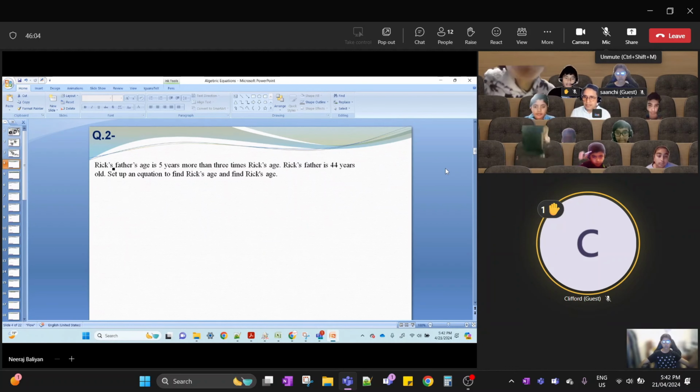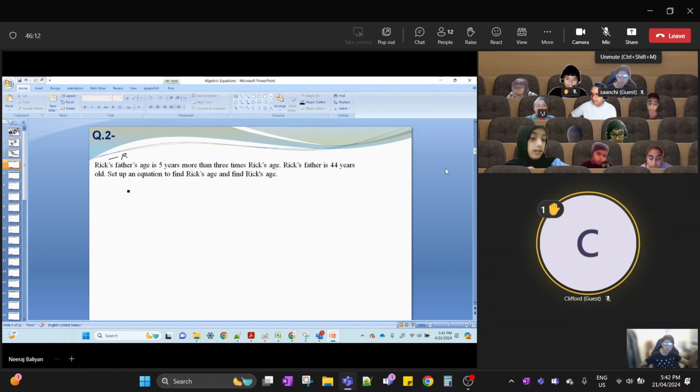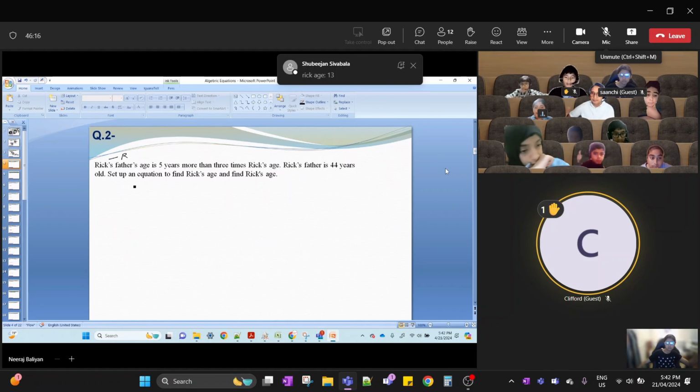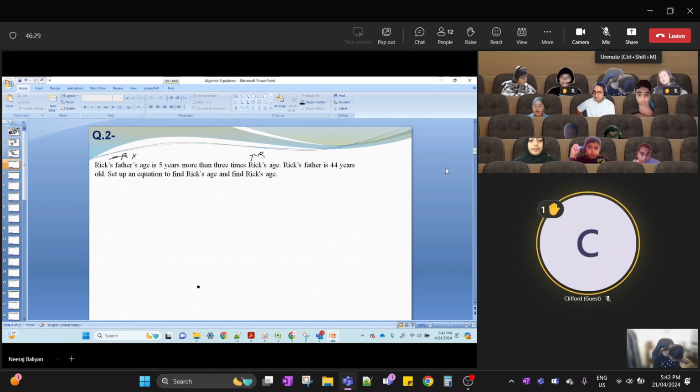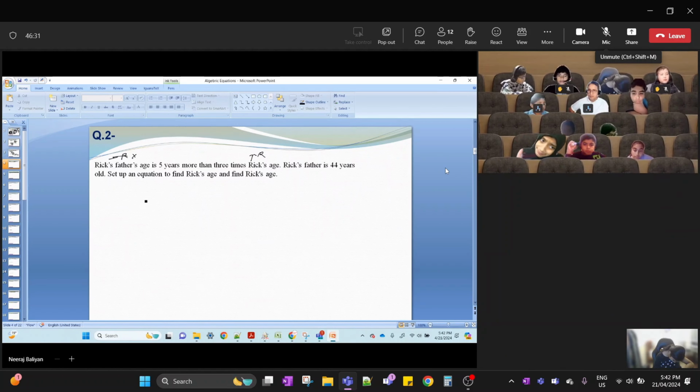So you are saying Rick's age is R. I am doing whatever you are saying, so I don't know whether it is right or wrong. So I'm just assuming a variable for Rick, R, which represents him, and Rick's father is F. Whatever you like.